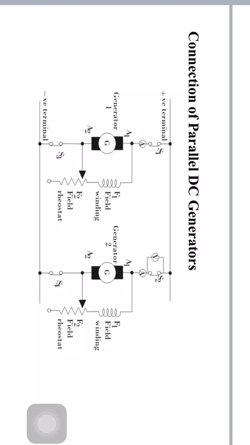By increasing the field current and hence the induced EMF E, generator 2 can be made to supply the load. Now generator 2 is also supplying the load.